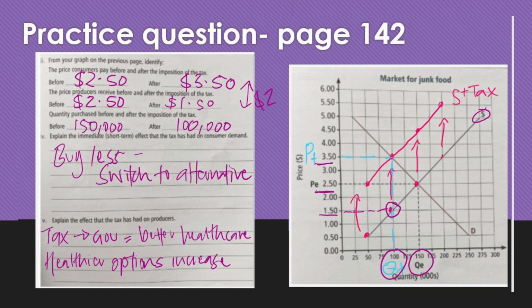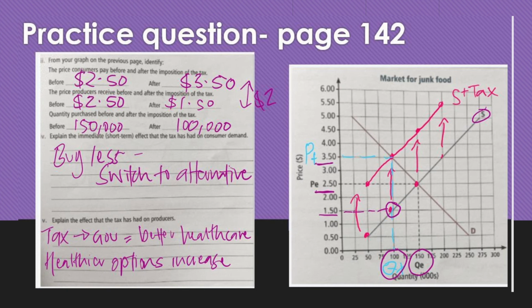Where we had drawn our original quantity line down, the blue line down, okay, so that quantity, we go all the way down where it hits our original supply curve. So I've circled it with the purple color on the graph. We do our dotted lines across, and as you can see, it is at $1.50 there. So that is the price that the producers now receive.